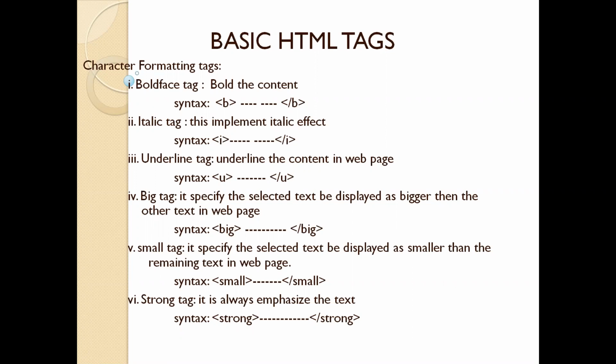Browsers typically render the contents in bold type. So if we represent something with this strong tag, the browser represents that content in between the strong start tag and end tag with some boldness. So it will represent some seriousness.